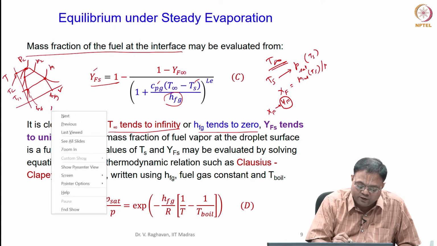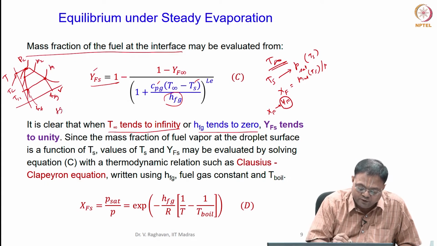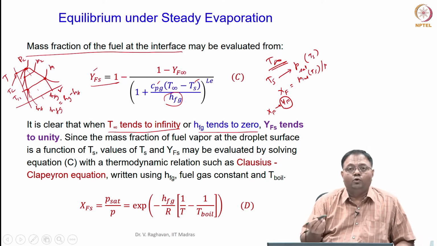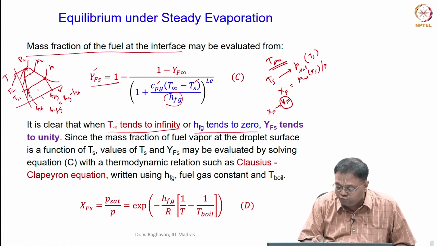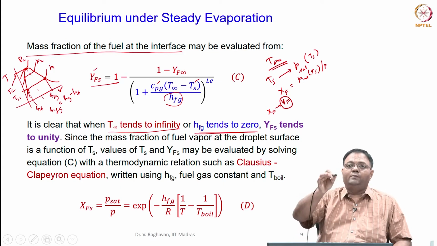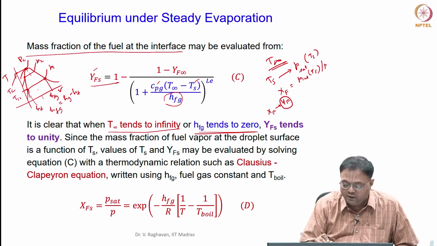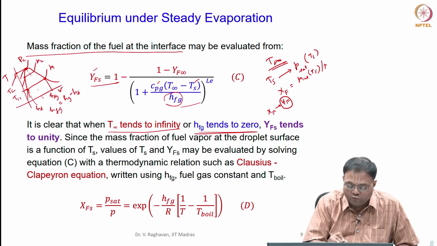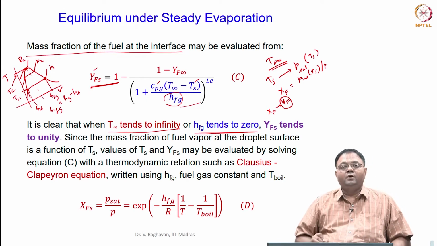So, Hfg will be equal to Hg minus Hf. Now, at the critical point you will see that Hf equals Hg, that means Hfg tends to 0. When you reach the critical point and Hfg tends to 0, then this 1 plus this will be infinity. So, this denominator will be infinity. So, again Yfs will tend to 1.